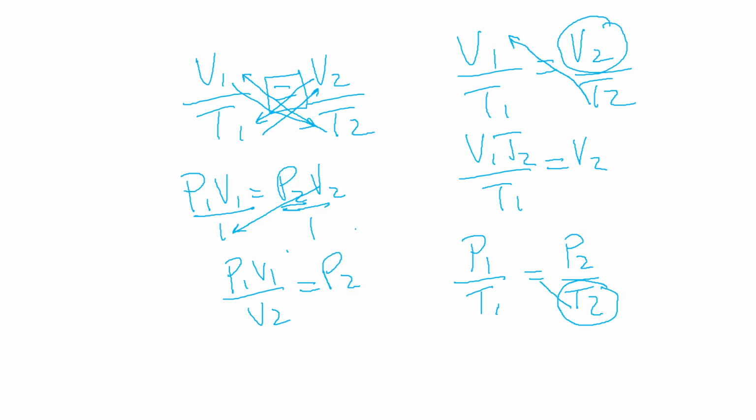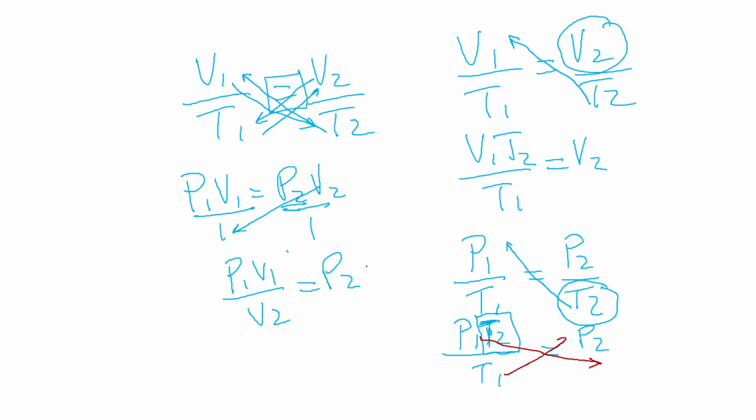That means we need to move this guy to the other side. So that would get us P1 T2 divided by T1 equals P2. Now that I have this guy up on top, or not really by itself yet, but it's on top, I can now move everybody else to the other side. That means the P1 will have to go to the bottom.